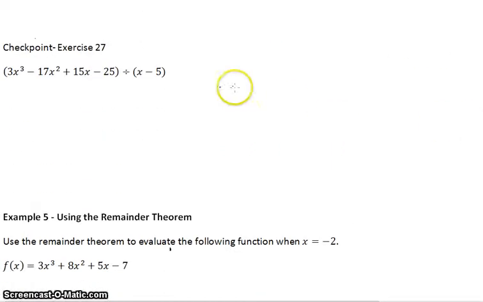So I'm going to show you this one very quickly. Notice it's all written in the right order. So I don't even need to actually write this down. All I'm going to do is write down the coefficients. So I'm going to put a positive 5 up here in this corner.